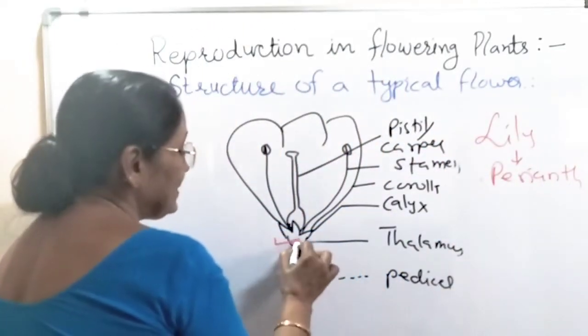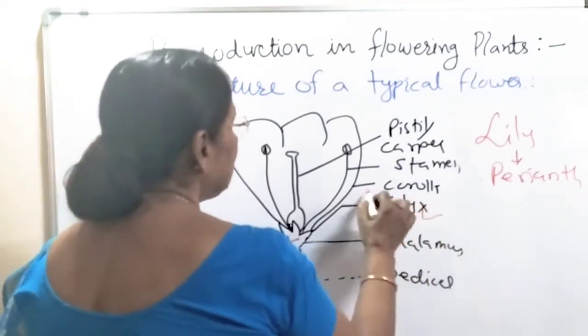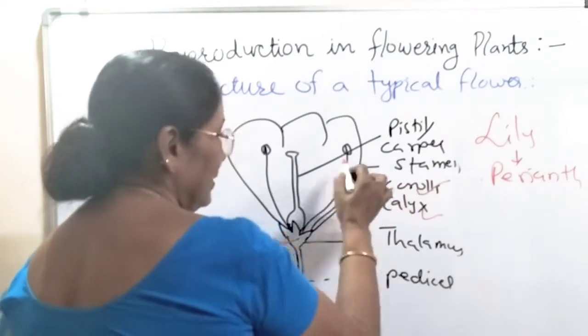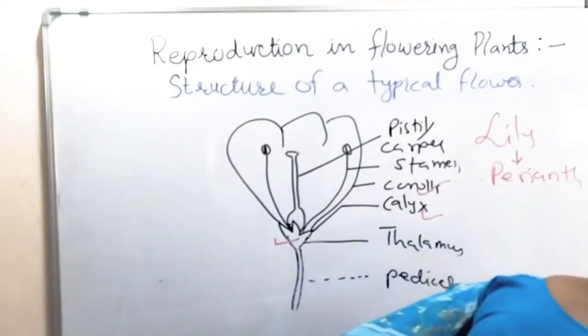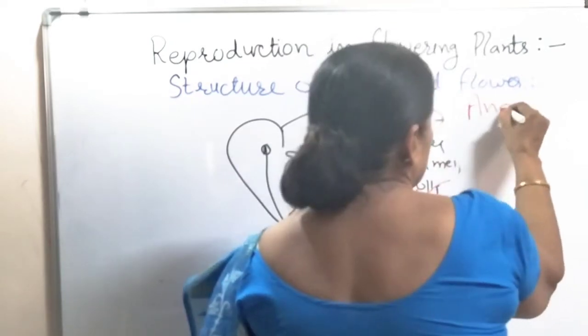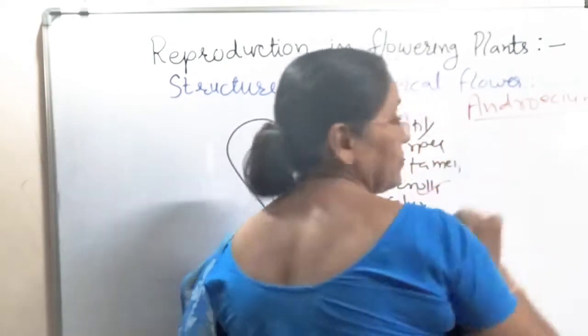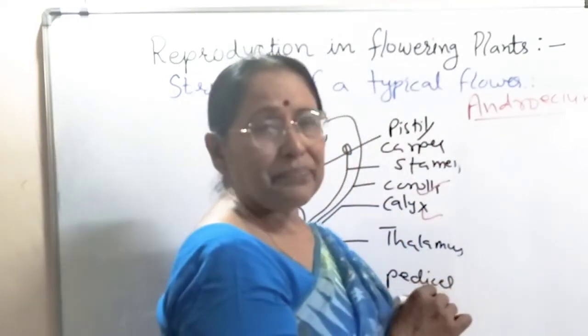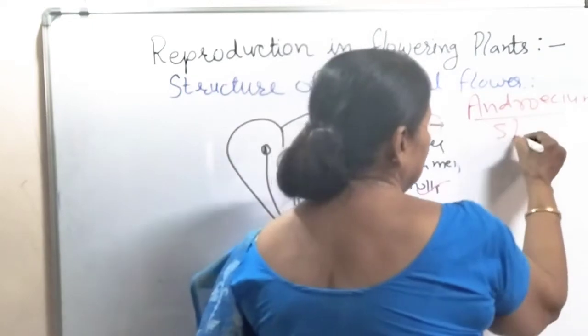So this one we have seen, calyx. This one we have seen, that is corolla. Now the next one, that is androecium. Androecium consists of one or many stamens.